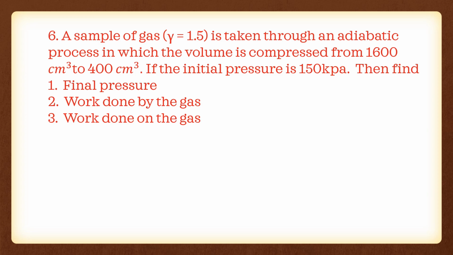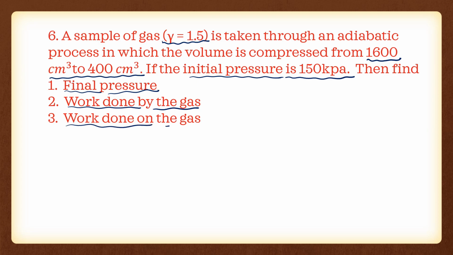In this question, they given gamma is equal to 1.5 and the volume is compressed from 1600 centimeter cube to 400 centimeter cube. Initial pressure 150 kilopascals, and you have to find the final pressure, work done by the gas and work done on the gas.